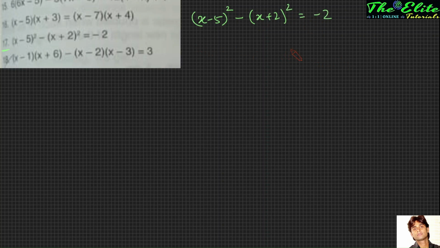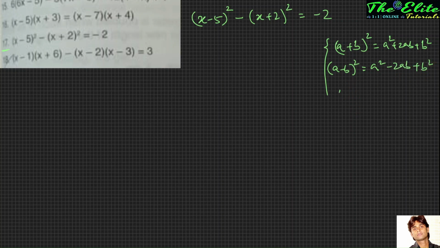Now, we should know the identities that we have studied or we have to study. What is the identity actually? For example, a plus b whole square is equal to a square plus 2ab plus b square. Another one was a minus b whole square equals a square minus 2ab plus b square.